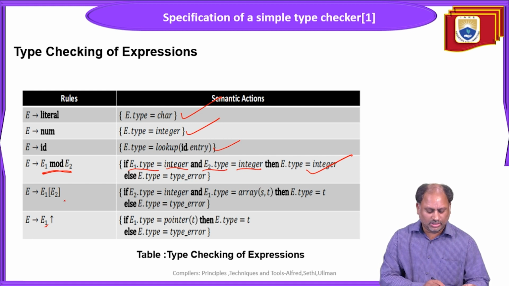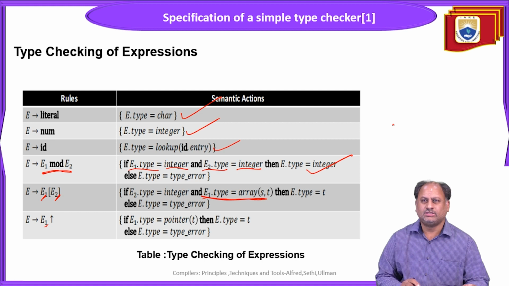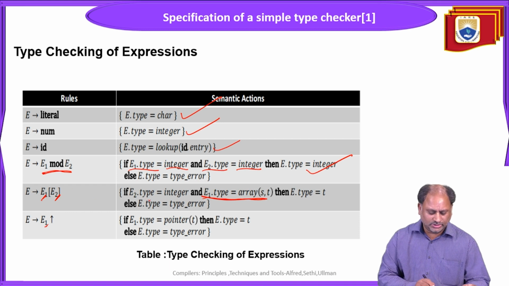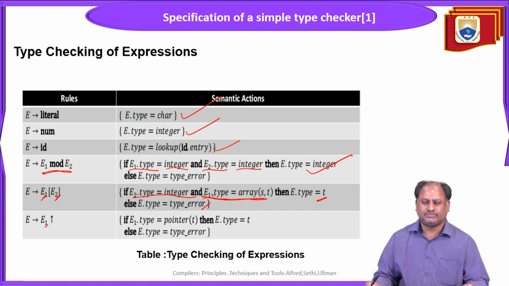Whereas for array type, E2 is integer type. So what is E1? Array type. So E1 dot type is array, which contains the domain and range set of values, that is S comma T. Whereas E2 is of type integer. So this is to hold good with the corresponding types S, else report an error notation.